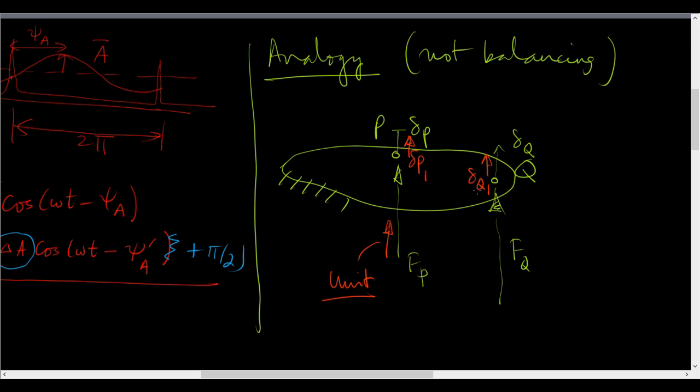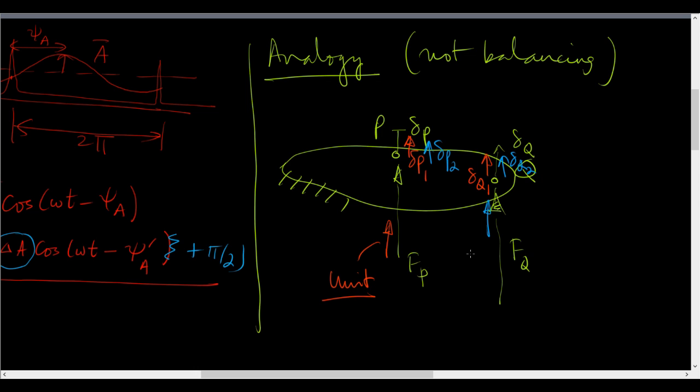Okay. In a separate experiment, I will put a unit force here, and then I will get a displacement here which is delta Q2, and I will get a displacement here which is delta P2, right?